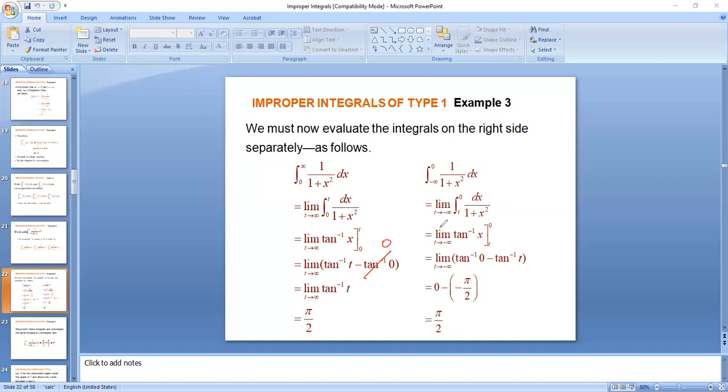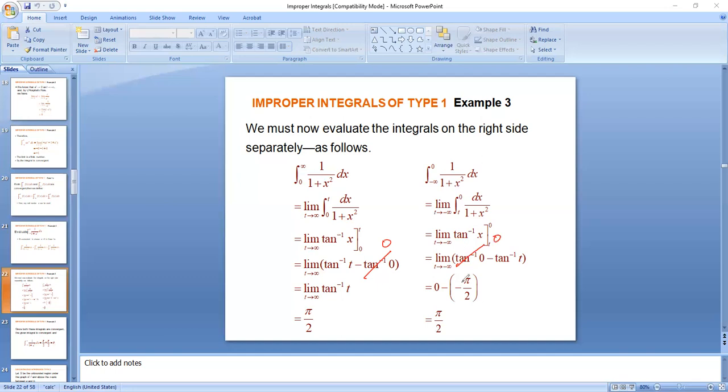Now the same thing in here. You substitute the limits 0 and t. This time 0 is the upper limit and t is the lower limit. This one will also be 0, leaving us the limit of negative arctan of t as t approaches negative infinity. What particular angle will yield a tangent that is negative infinity, meaning you're dividing by a negative number?